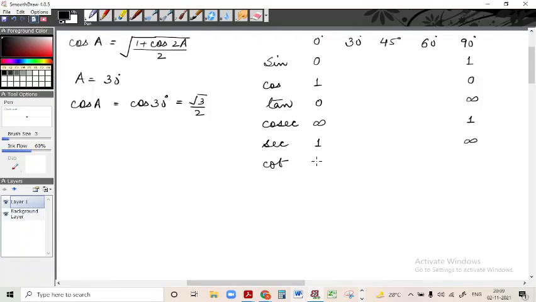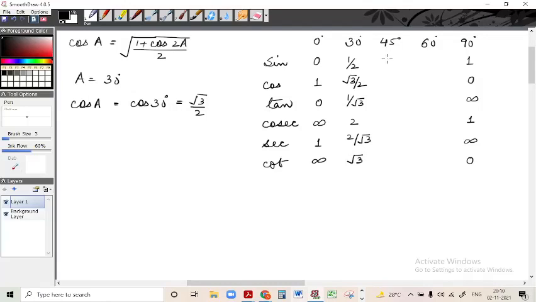Cot 0 is infinity, and cot 90 is 1 upon infinity, that will become 0. Sin 30 is half, cos 30 is root 3 by 2, tan 30 is 1 by root 3, cosec 30 is the reciprocal of sine, so it will become 2, sec 30 will become 2 by root 3, and cot 30 will become root 3.